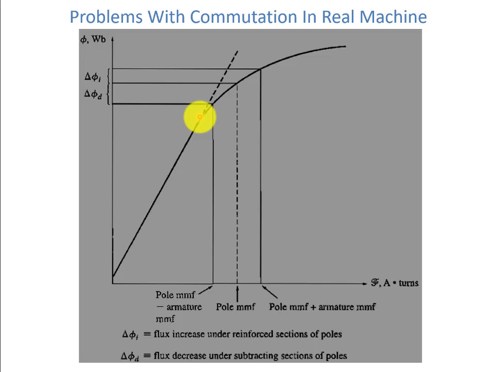If you want to go beyond the rated speed, we can reduce the field ourselves using some techniques, and we can go beyond the rated speed. But just like we have seen in DC shunt motors, runaway could happen, and it may destroy the DC machine.